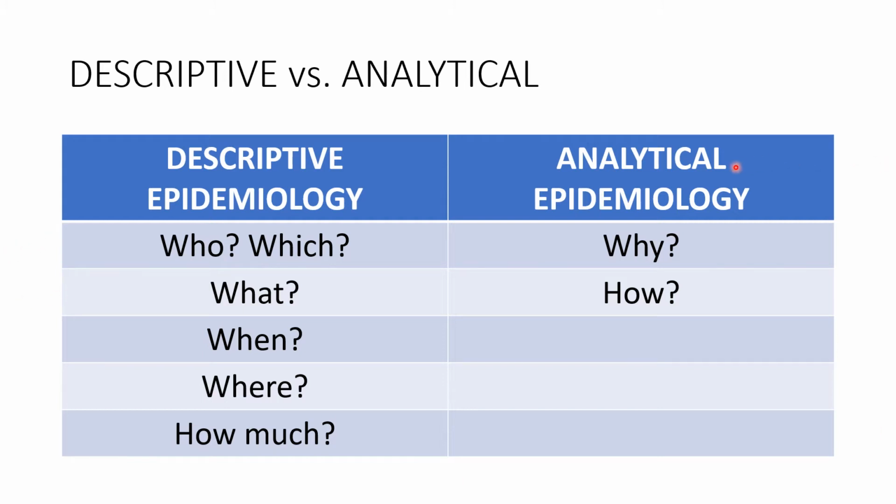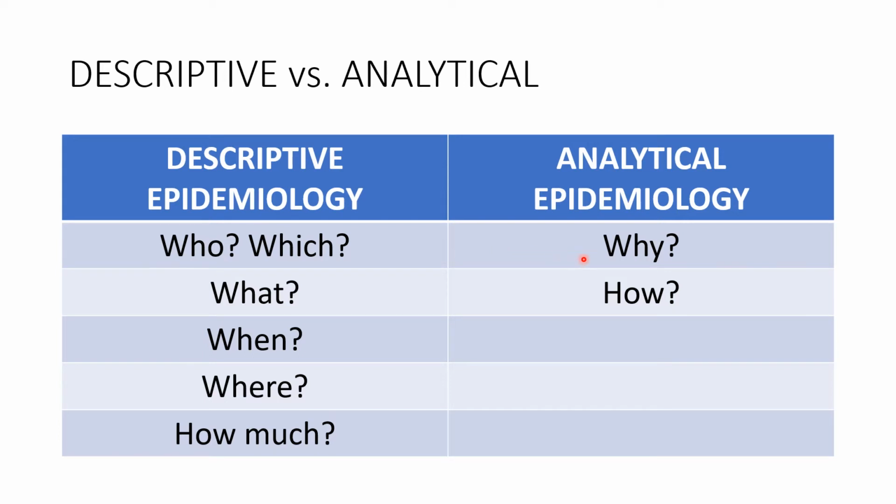Here we test kung totoo ba that there are certain groups, for example, that are more likely to have the disease. And gaano ba that likelihood, how much is that likelihood? So the analysis of the data gathered from descriptive epidemiology is actually the main role of analytical epidemiology.